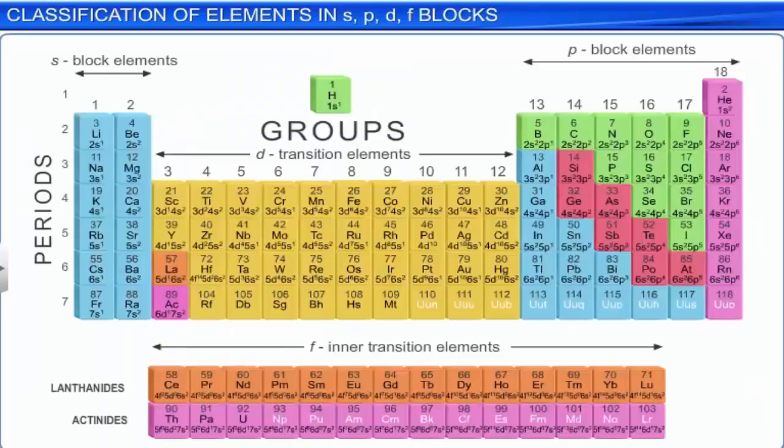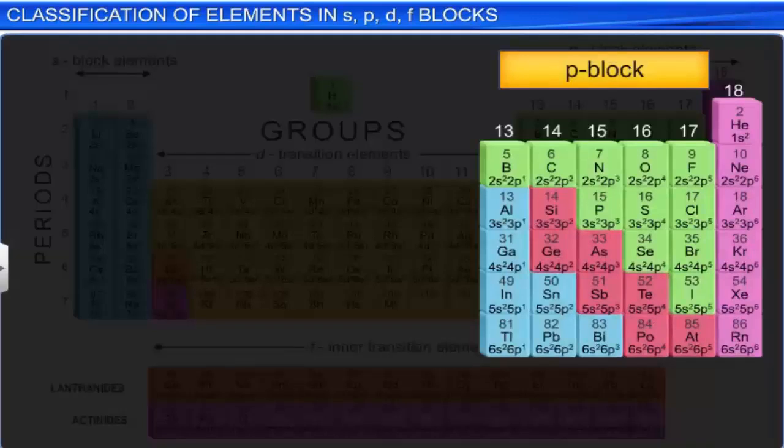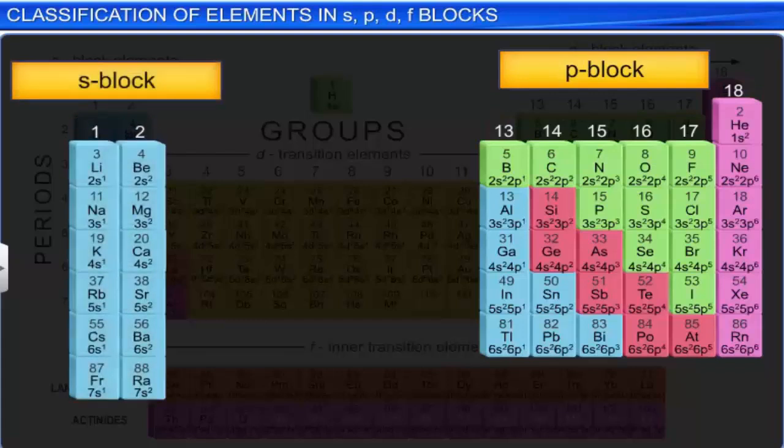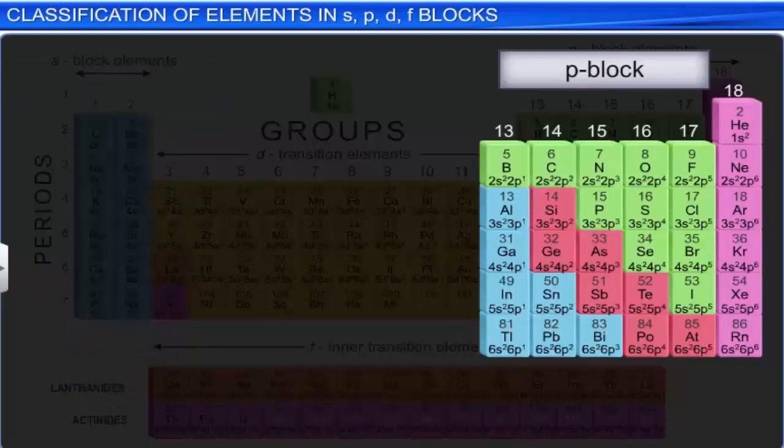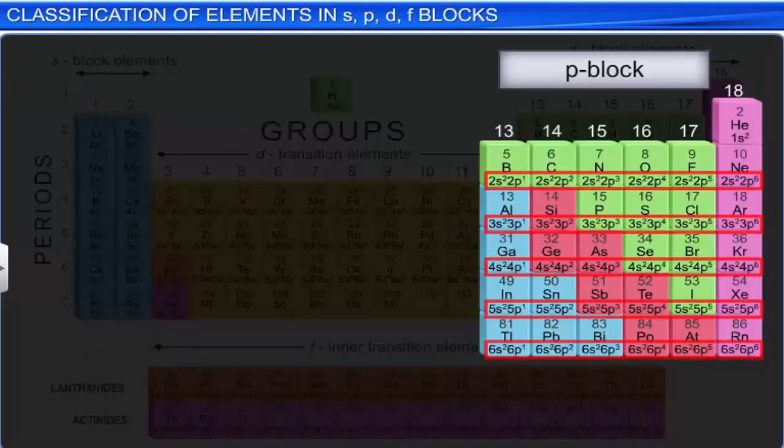Now let's discuss the properties of the P block elements. The elements of group 13 to 18, situated at the right side in the long form of periodic table, belong to this block. The P block elements, together with the S block elements, are called the representative elements or main group elements. The P block elements have their last electron entering the p orbital.